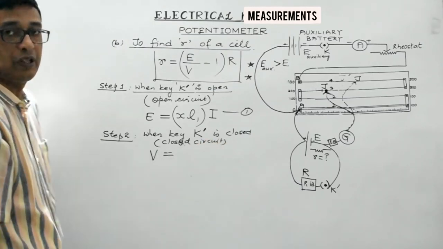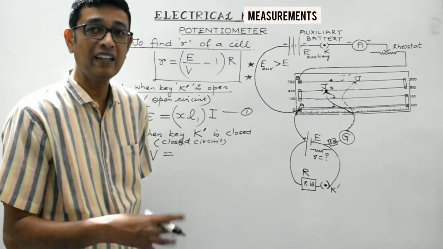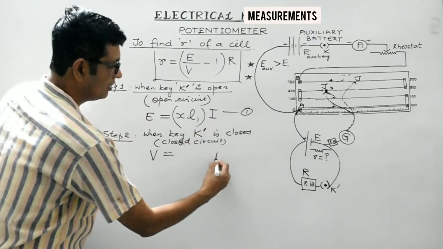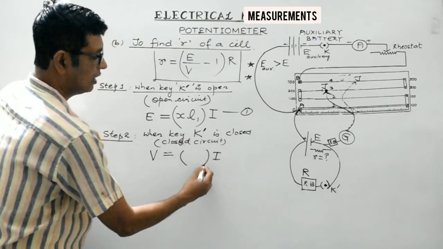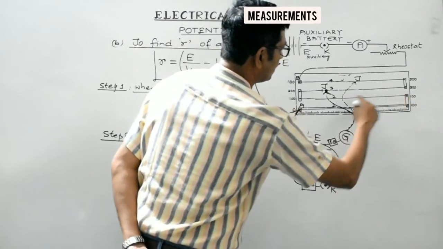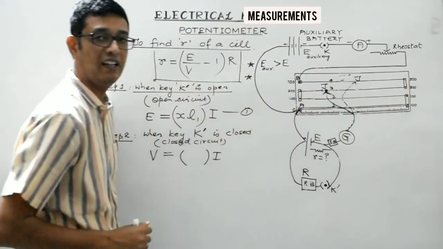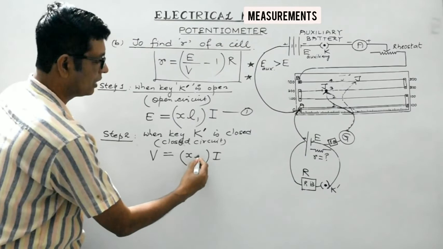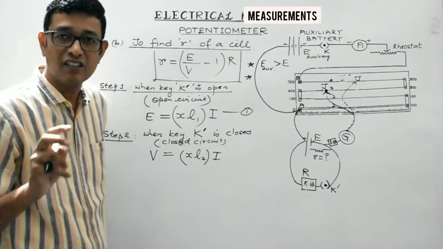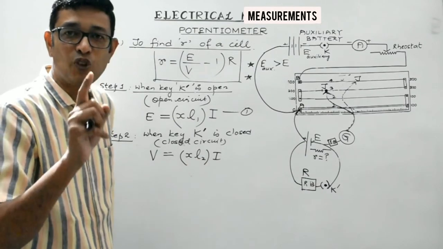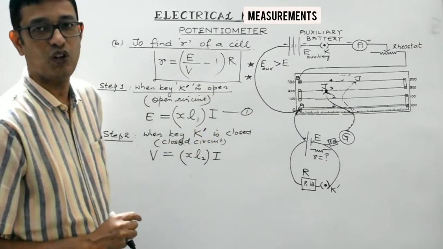TPD would be equal to, as per Ohm's law, IR. The same current I must be flowing. And what is the net resistance offered by this portion of balancing length L2? It will be X multiplied by L2, where X is the resistance offered per unit length of the standard resistance wire.